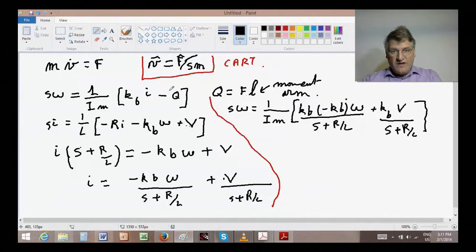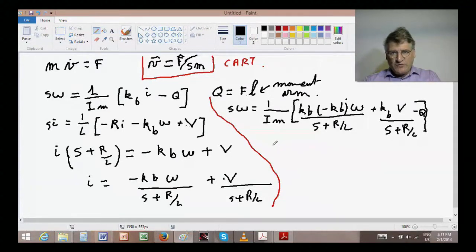And of course, we still need to add the minus Q, which is the torque applied to the motor by the cart or by the motor to the cart.